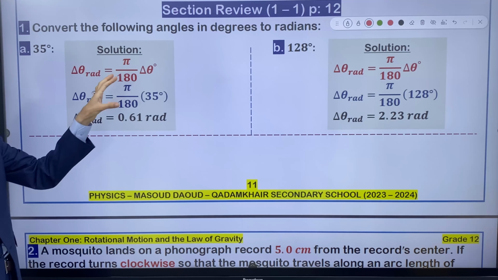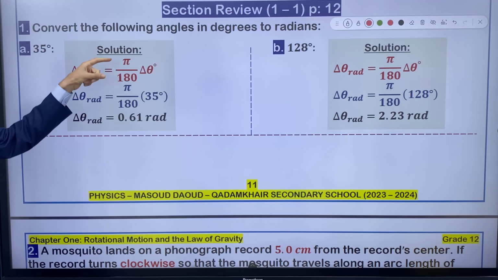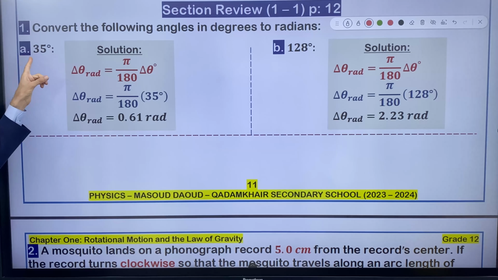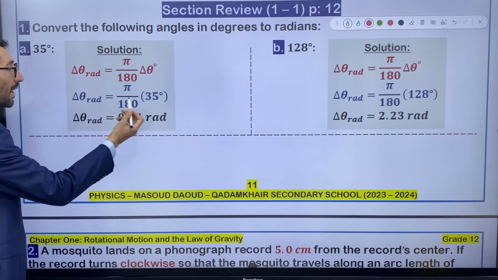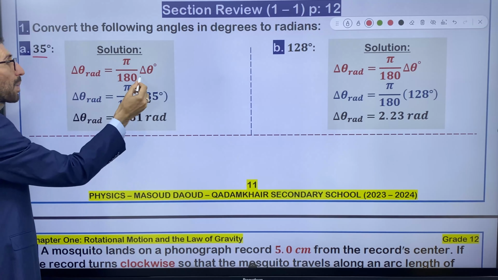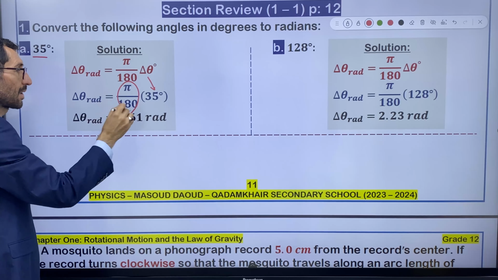Solution, which rule is convenient here? We have this rule. Delta theta in rad is equal to pi over 180 multiplied by delta theta in degrees. Just substitute 35 in place of delta theta, because this ratio is constant, right?